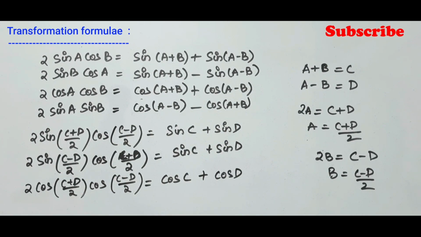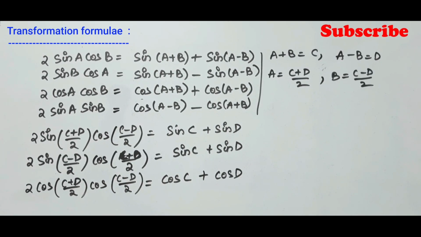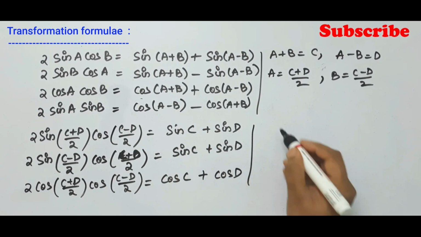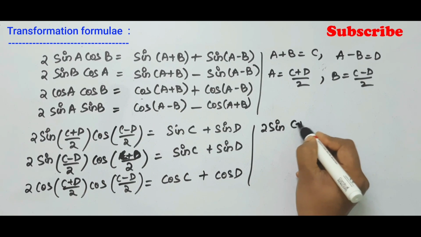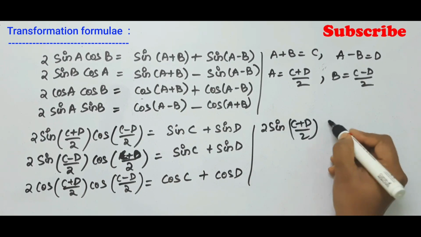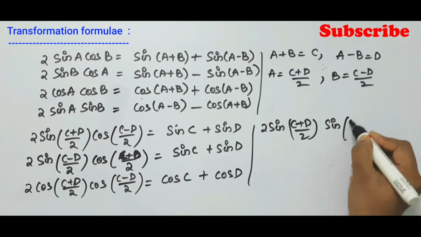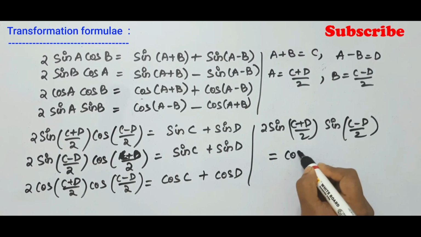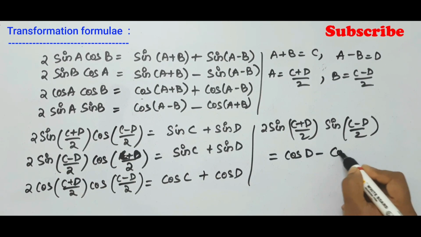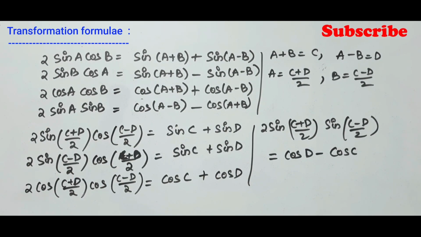Okay, the last formula will be 2 sine of C plus D by 2 sine of C minus D by 2 is equal to cos D minus cos C. Okay, so we can take the sum of two angles as a single angle, and those can be expressed as the product of sine and cosine.